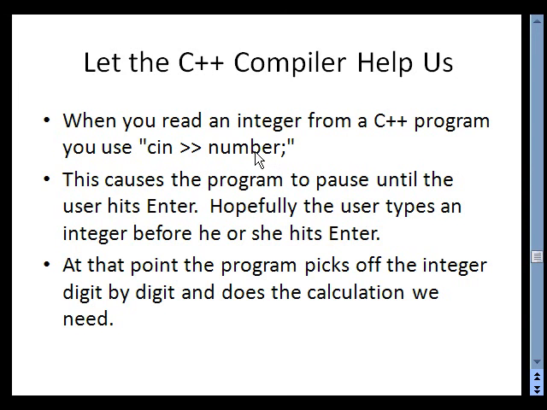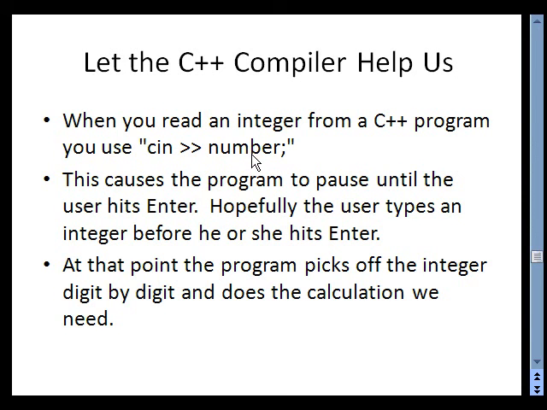Now, when a program has this kind of thing in it, what happens at runtime is it causes the program to pause. And usually you just printed a prompt to the screen. So the prompt would say something like, user enter a number. And then you'd hit this and the program would pause until the user presses enter. Now hopefully the user types some numbers before he presses enter.